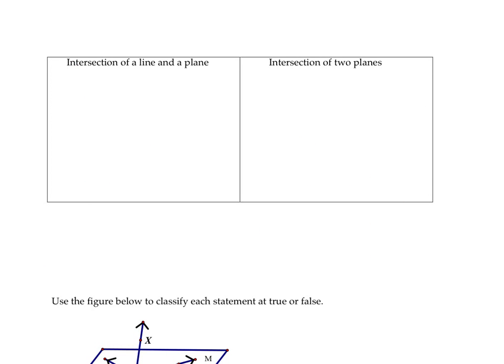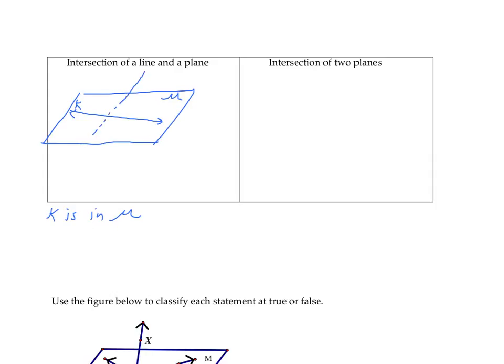When we talk about the intersection of a line and a plane, there are two different scenarios that can occur. The first is that the line, the whole entire line, which we'll name K, could be contained in the plane. So every point on line K is in plane M. So K is in M. The other situation that could happen is that instead of the whole line being in the plane, the line could come down and intersect the plane in one single point.